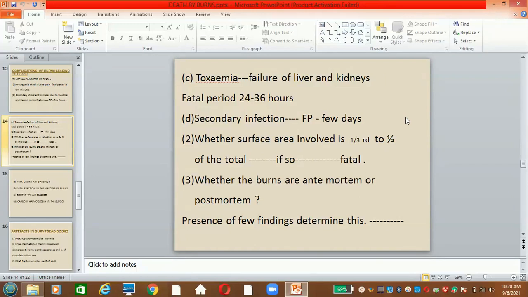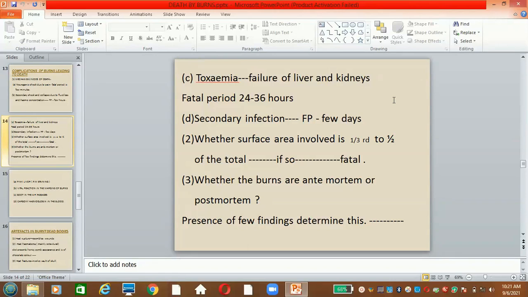Presence of a few findings determines this. If vital reaction is present, it will mean burns are antemortem. If vital reaction is not present, then burns can be declared as postmortem.